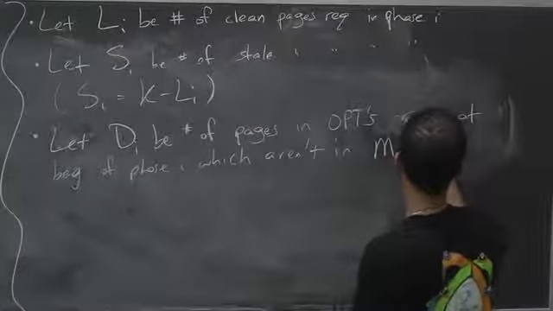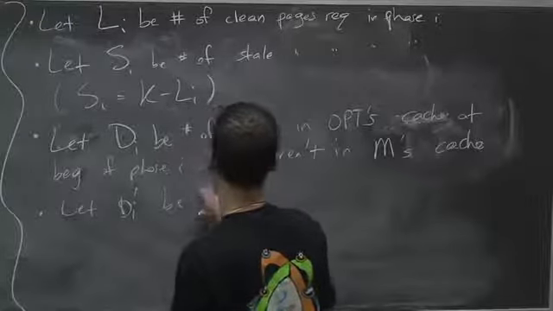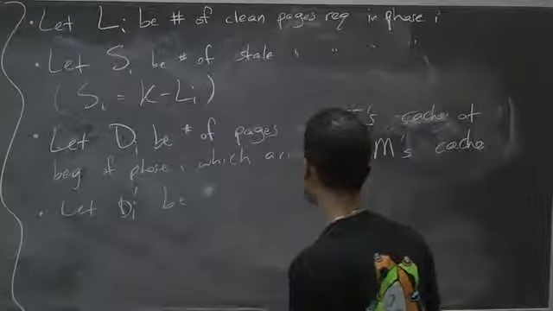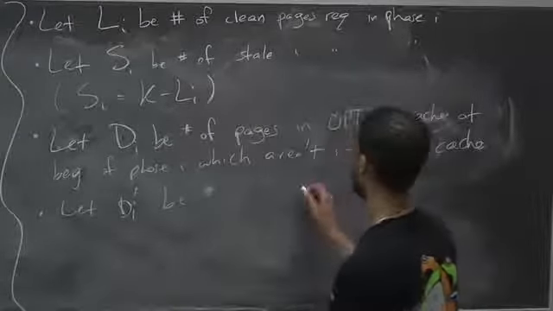I've been saying cache, let me be consistent. So this is some non-negative number. And let Di prime be the number of such pages at the end of phase i. Right, so in particular, Di prime is just D sub i plus 1.